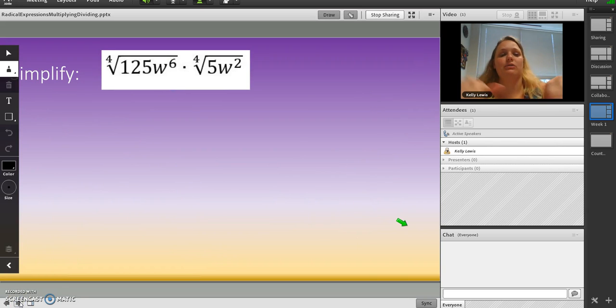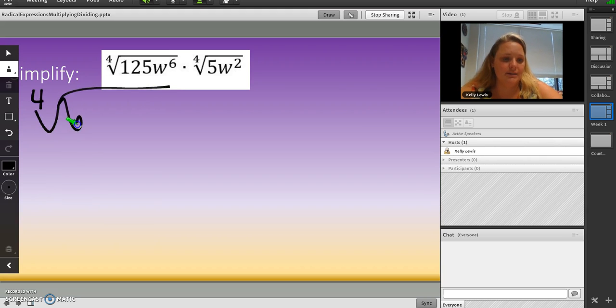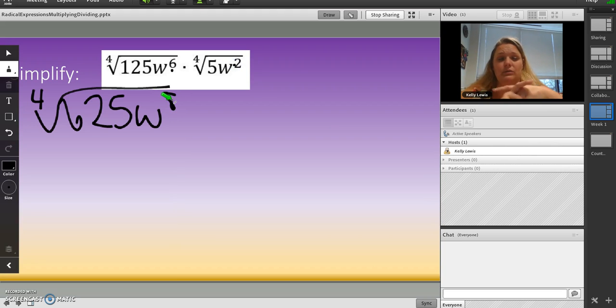All right, let's do this one. Both of those are fourth roots. So I'm going to do 125 times 5. I get 625. W to the 6th and W squared, that makes W to the 8th because you add the exponents when you multiply, and then you just multiply the coefficients.